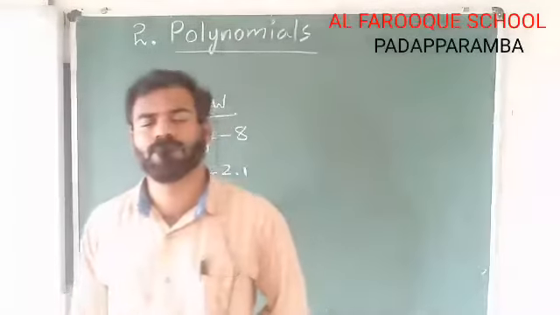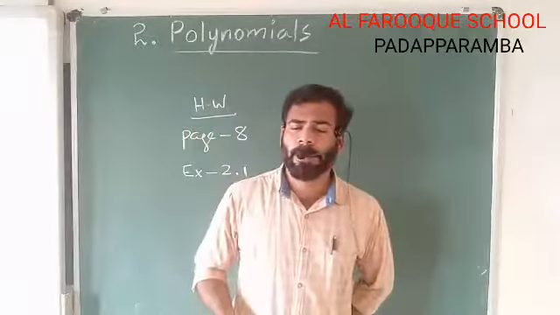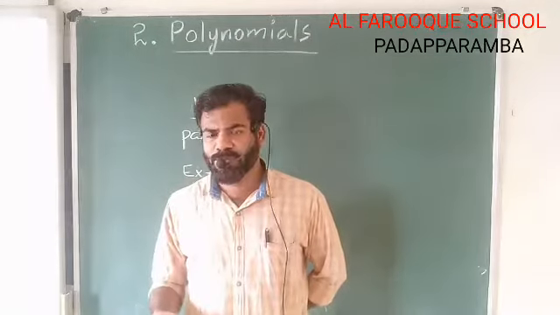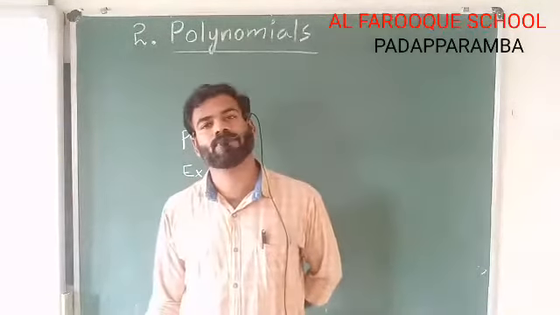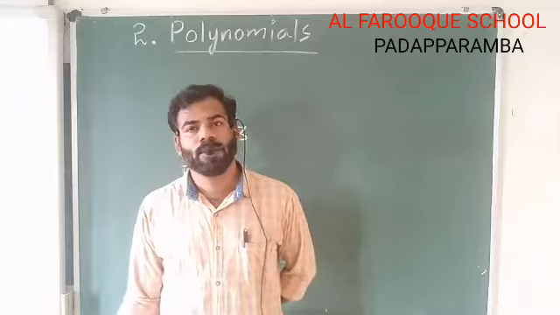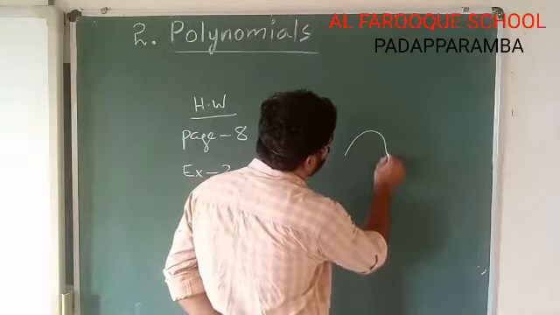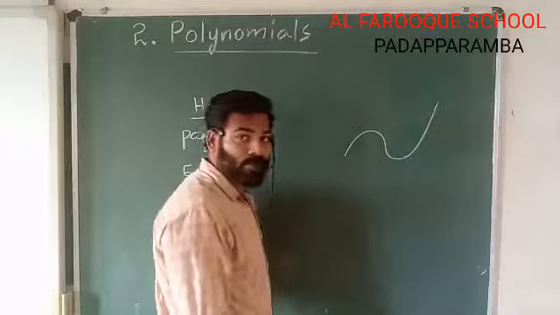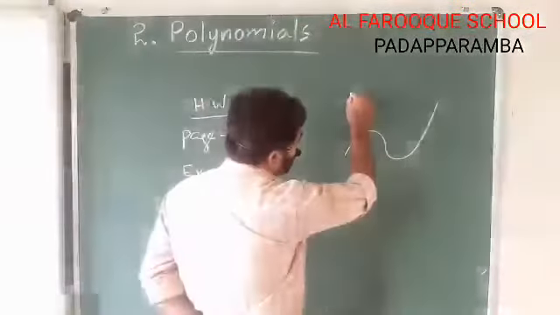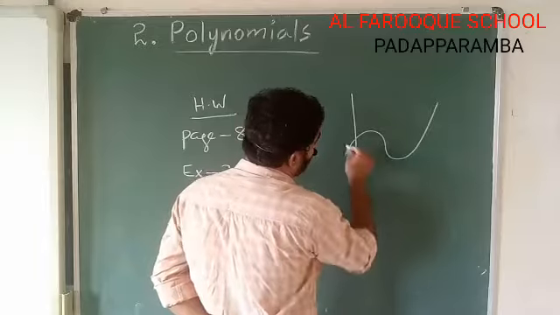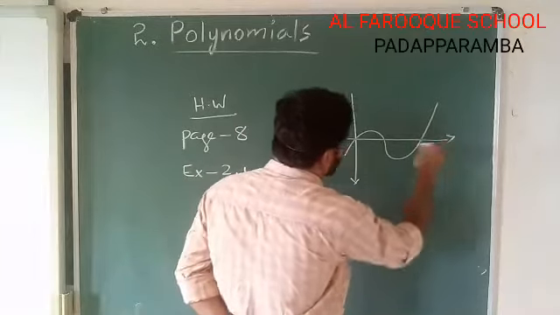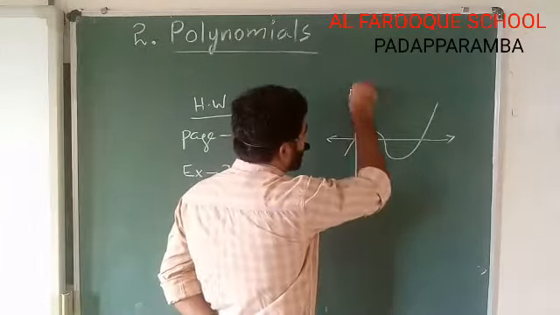Now listen, what about the zeros of a cubic polynomial? The graph of a cubic polynomial should be like this, and if we draw this graph, that may be like this.